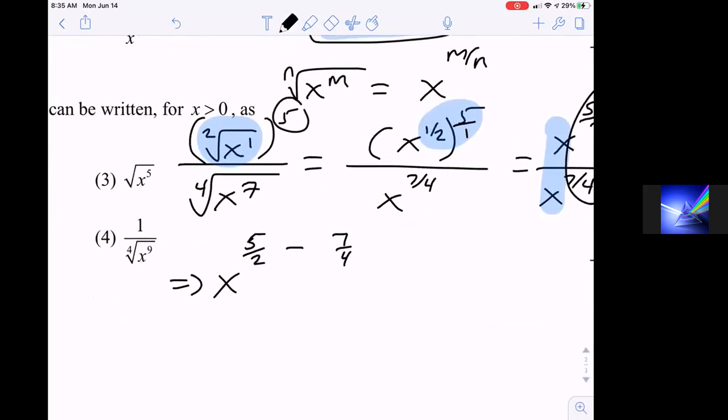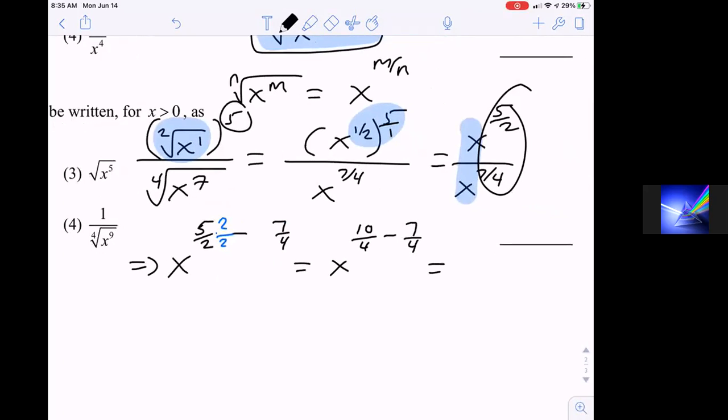Now, you guys remember, in order to subtract exponents, I need a common denominator. So my common denominator would be 4. So I'm going to multiply this top and bottom by 2 over 2 so I can make that 4. Let's rewrite this as x to the 10/4 minus 7/4, which is x to the, just subtract the top, 3/4.